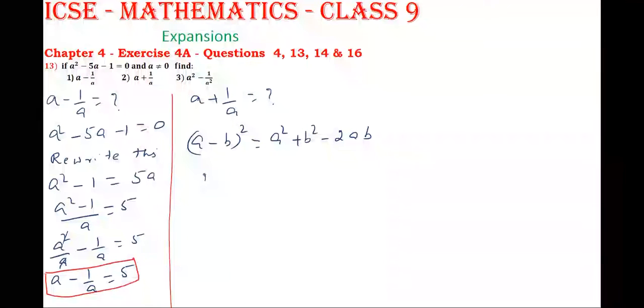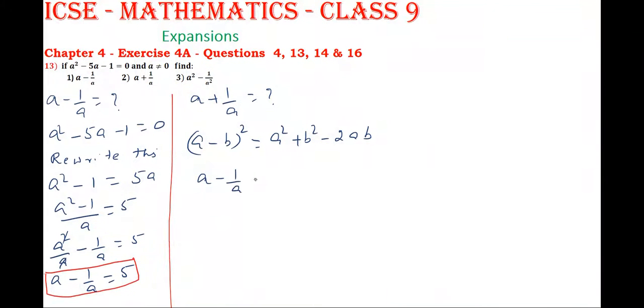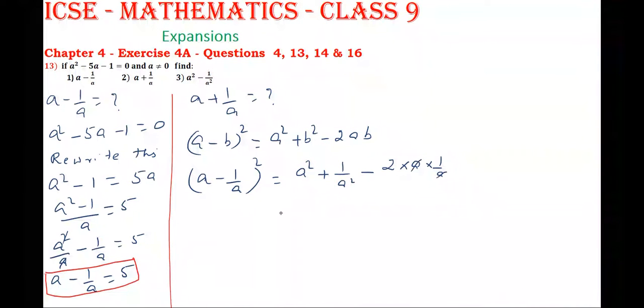So we can find the square now. It's a² + (1/a)², in place of b we have 1/a, minus 2 into a into 1/a. So this will be cancelled. So (a − 1/a) we got as 5 from the first one, so 5² equals a² + 1/a² − 2.